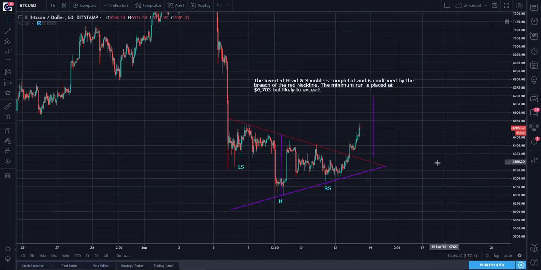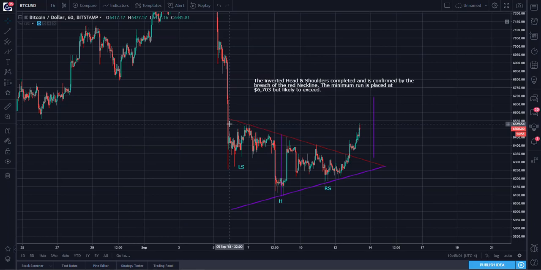So while the symmetrical triangle might be neutral, the inverted head and shoulders gives you the evidence that it'll be more to the upside, and that's exactly what happened.